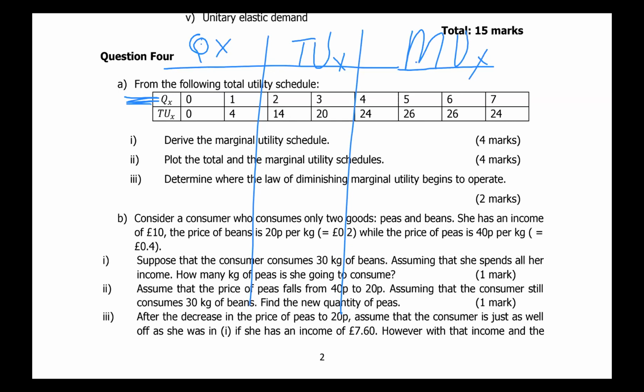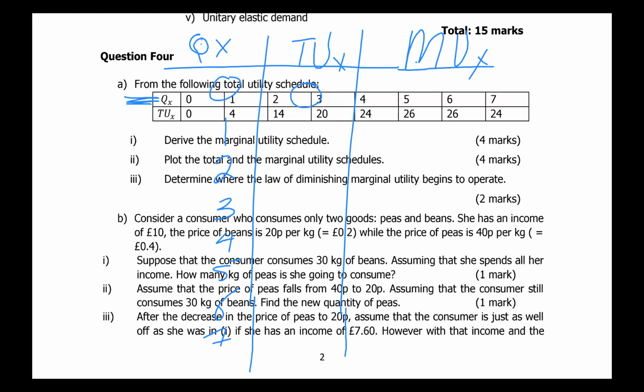So quantities are 0, 1, 2, 3, 4, 5, 6, and 7. Then total utility, which is the total satisfaction. When you consume 0, you have 0 satisfaction.